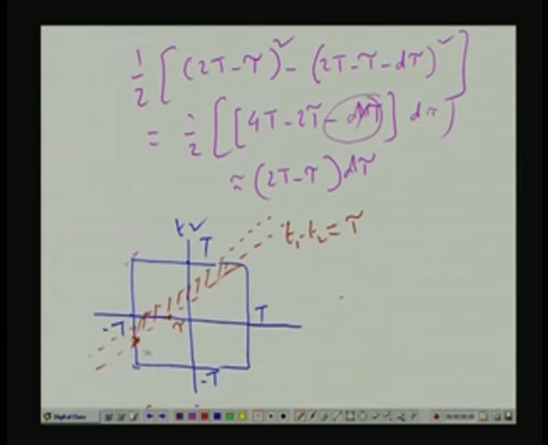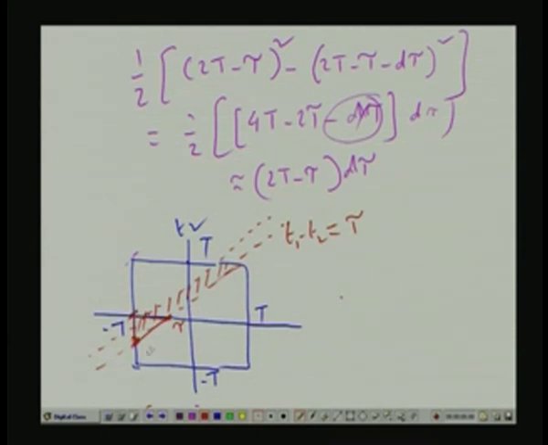Okay. So, what is its length? This part is isosceles. Okay, that comes because the slope is 1.